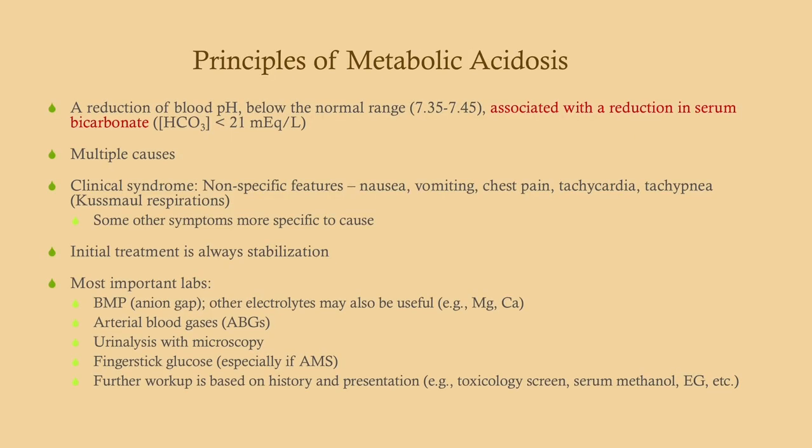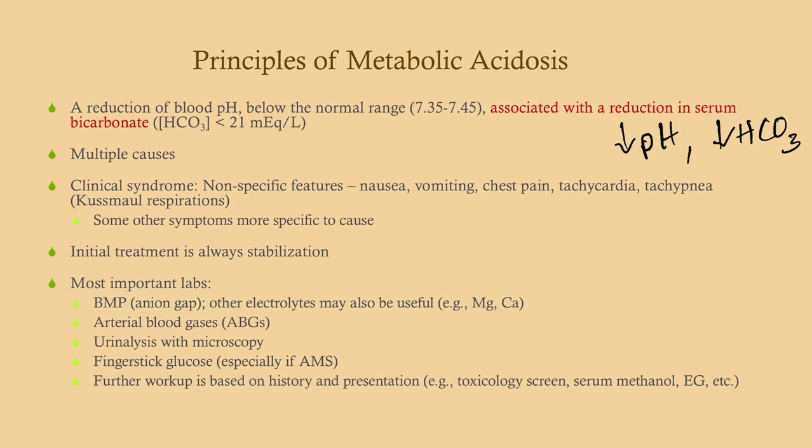All right, so this is kind of what I already talked about. Metabolic acidosis is a low pH along with a low bicarb. Bicarb is the marker of metabolic acidosis, or alkalosis if it were high for whatever reason. The clinical syndrome is very nonspecific: nausea, vomiting, chest pain, tachycardia, tachypnea, and that tachypnea often comes in the form of something called Kussmaul respirations.